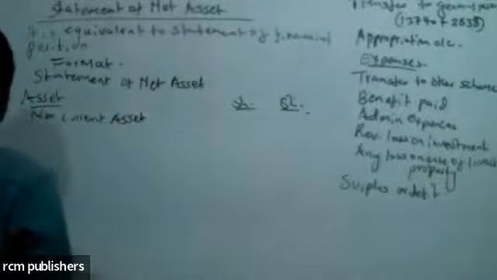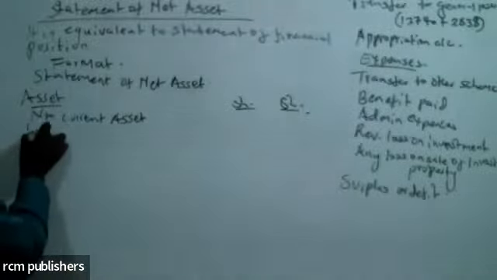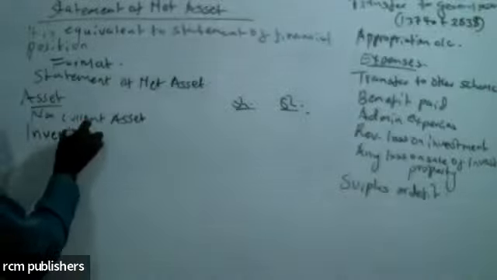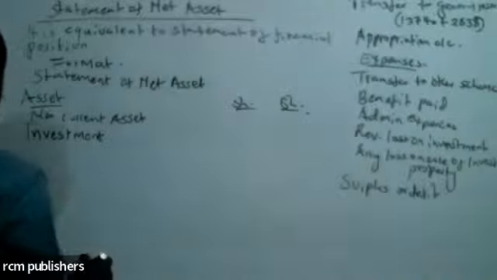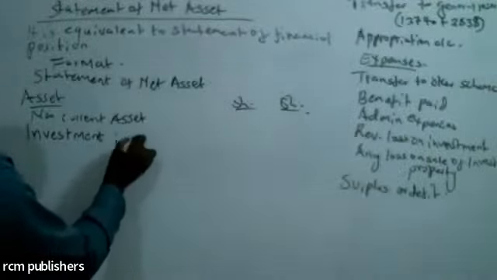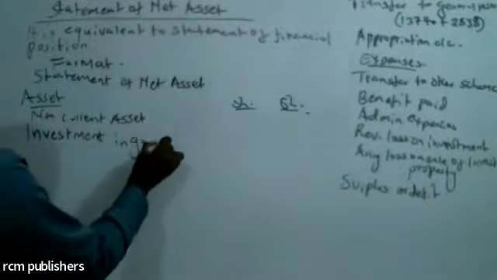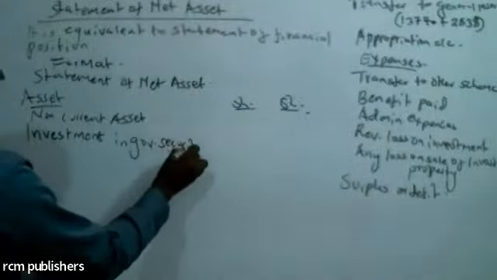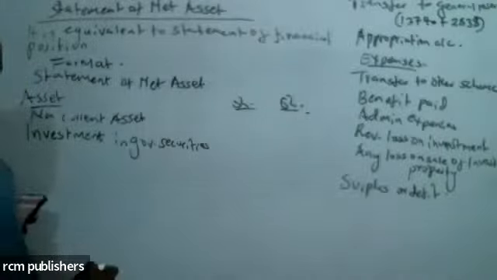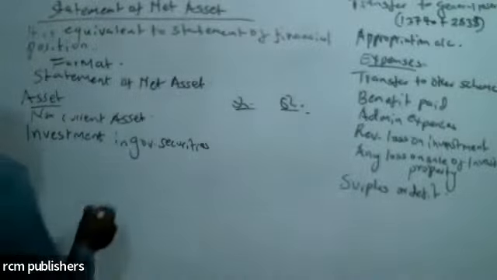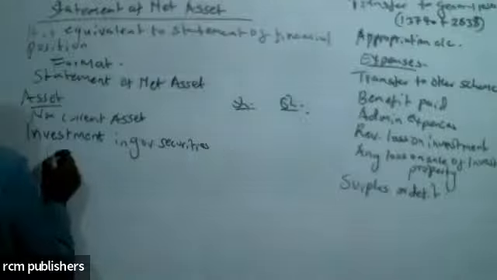Under non-current, we have investment in government securities. Now you will start hearing these new terms. Investment in government securities, such as T-bills. By the way, we don't have many.